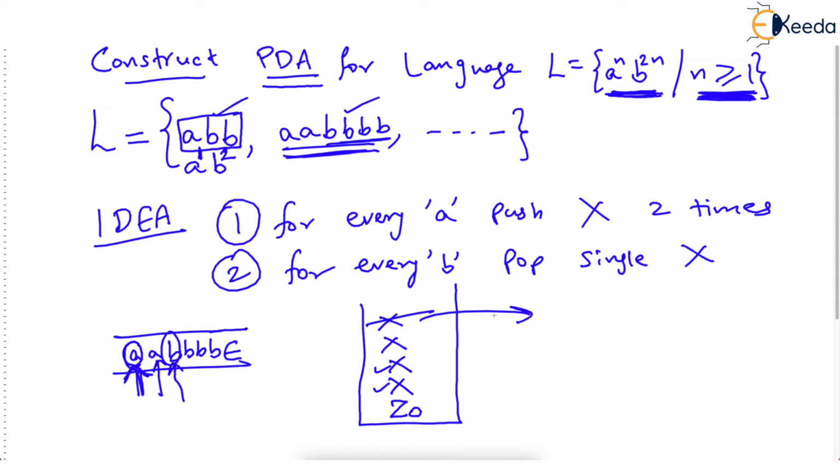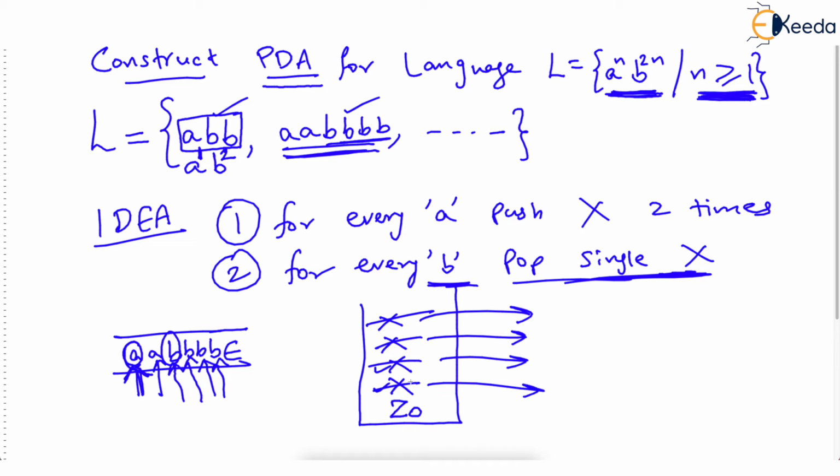By doing this, we are saying that whenever we encounter a b, we will be removing only x once, but for every a we have pushed x twice. Now you can see that as we encounter b followed by b followed by b, each time we will keep on popping, removing x from the top of the stack.